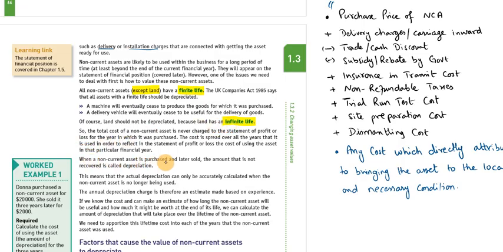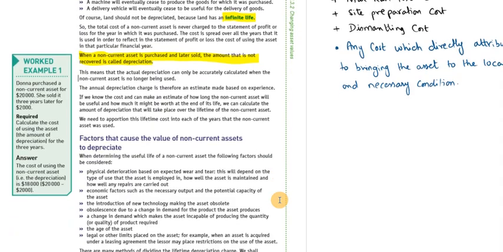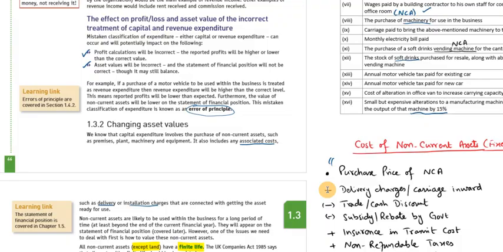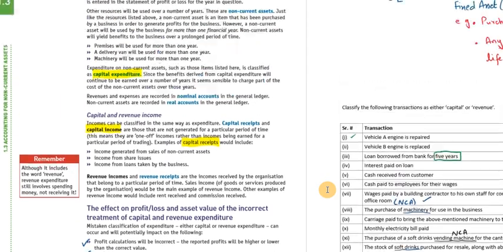When a non-current asset is purchased and later sold, the amount that is not recovered is called depreciation, which we will discuss later. In depreciation we will discuss in our next lecture. So this lecture was based upon two things.